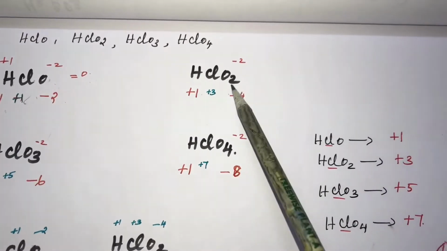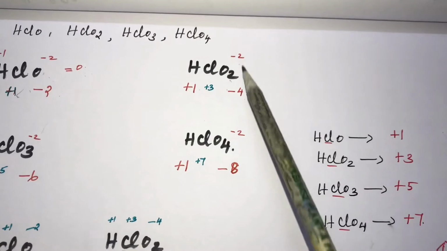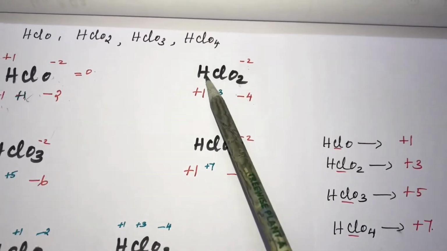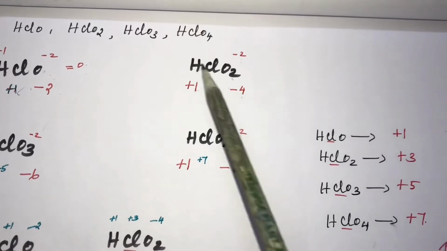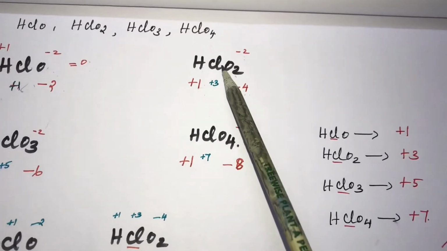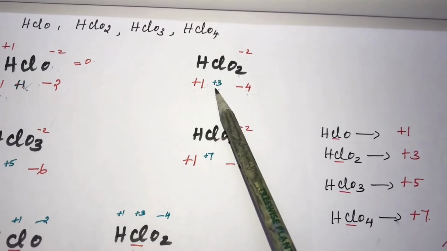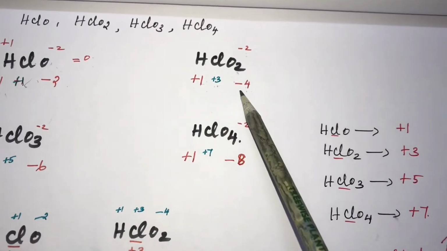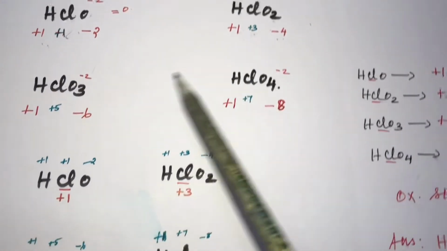HClO2: oxygen is minus 2, 2 oxygens, 2 into minus 2 is minus 4, hydrogen plus 1. So with oxygen minus 4 and hydrogen plus 1, the chlorine is plus 3. Plus 3 plus 1 is plus 4, and minus 4, the sum is equal to 0.